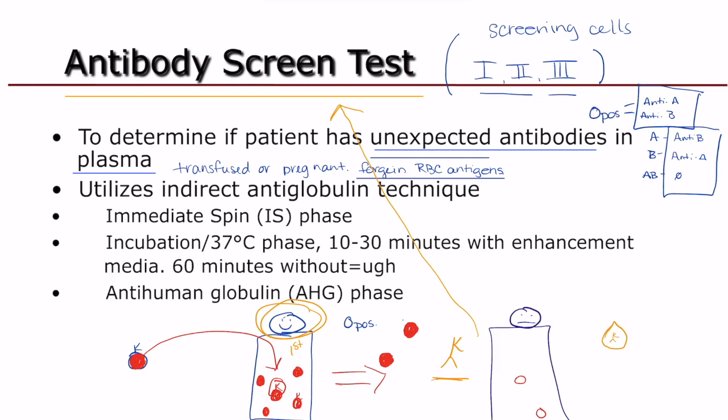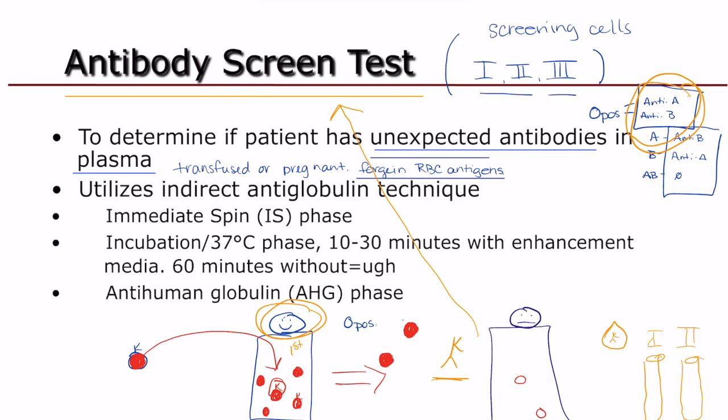They're going to look to see if I have any unexpected antibodies. Remember, because I'm O, they're expecting the anti-A and B. But now they're going to test my plasma in at least 2 of these with screening cells 1 and 2, just to see if I have anything.